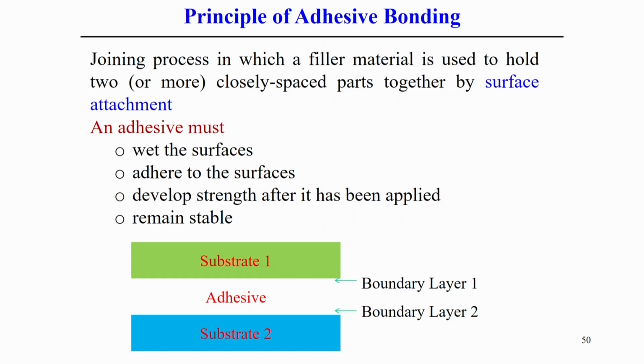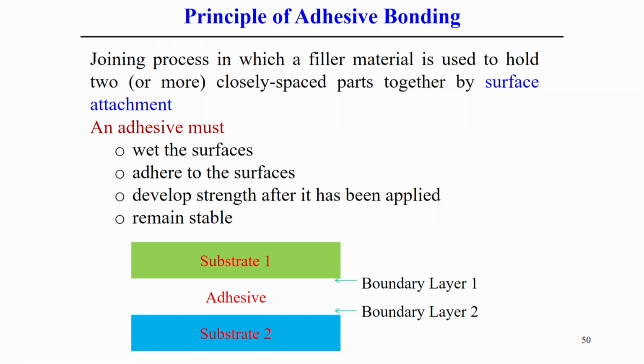So, what is the principle of adhesive bonding? Adhesive bonding is a joining process in which a filler material is used to hold two or more components, closely spaced parts, together by simple surface attachment. In principle this is different from fusion welding, soldering or brazing.